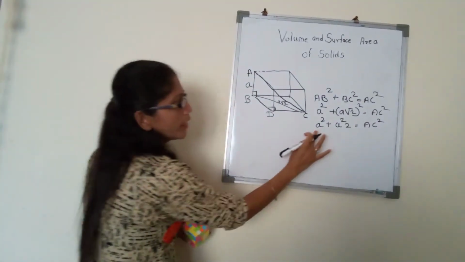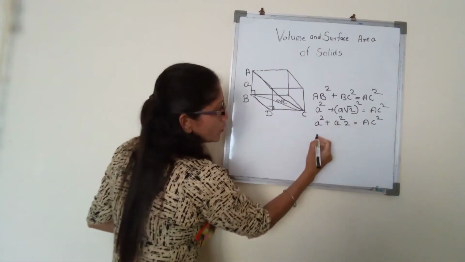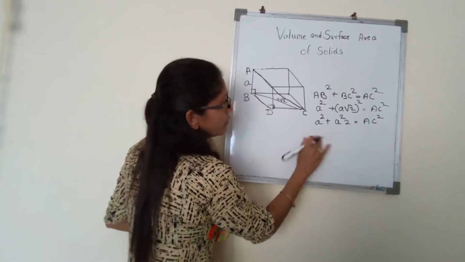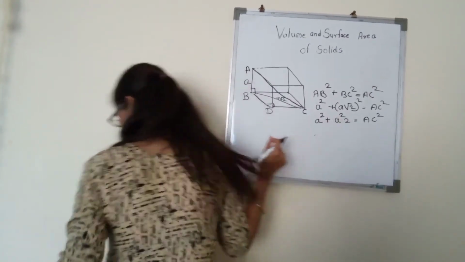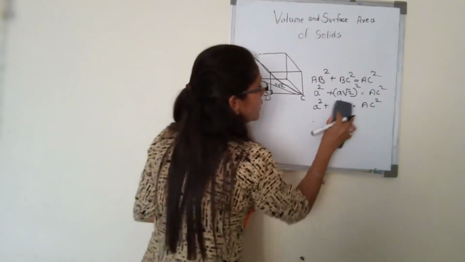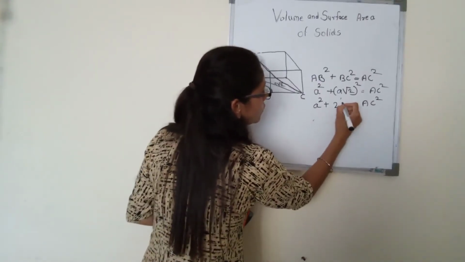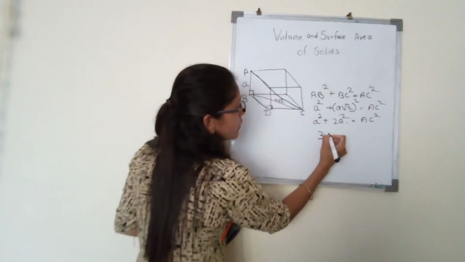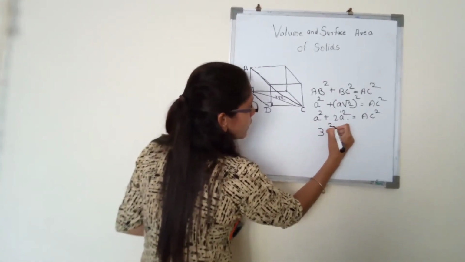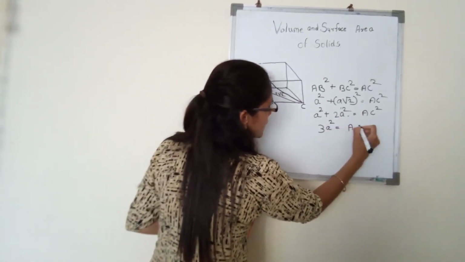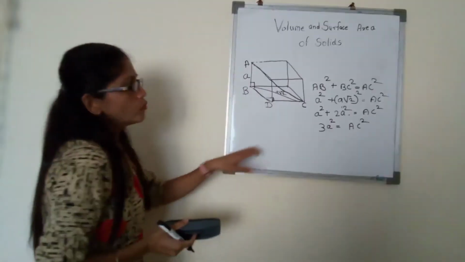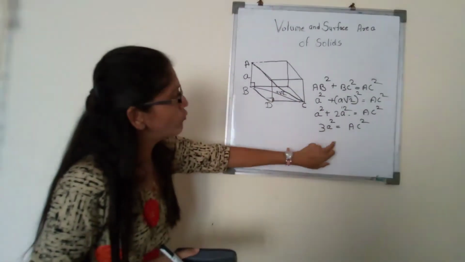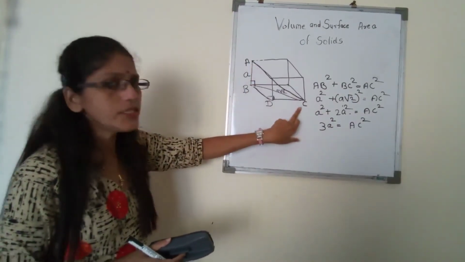So a square plus 2a square, what will be the answer here? 3a square is equal to AC square. So we got the answer for AC square as 3a square, but we only want AC.